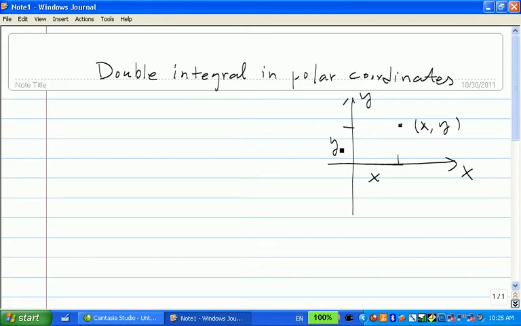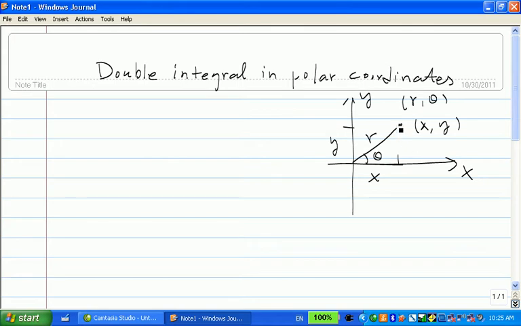Also, you can describe the same point by its polar coordinates, which are r and theta. What is r? R is the distance from the origin to this point, and theta is this angle.